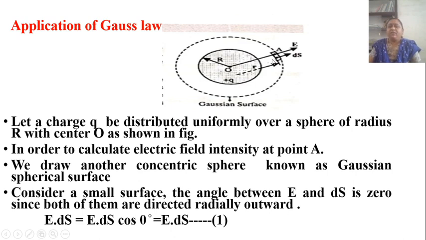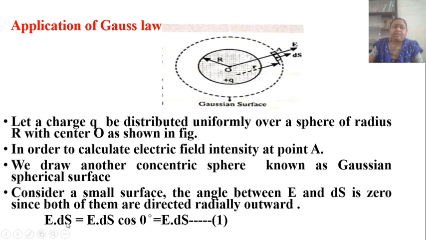The angle between E and dS is 0, so both of them are directed radially outward.